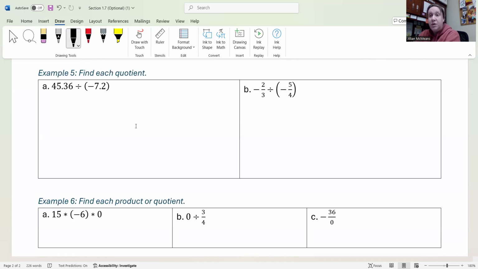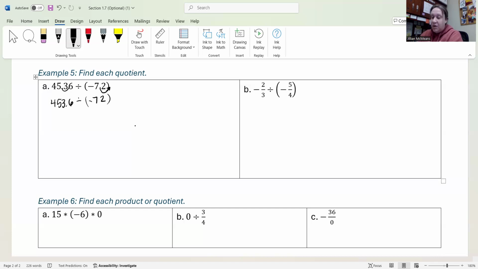We have this rule that we need the divisor to be a whole number. Well, 7.2 is not a whole number. So if I multiply 7.2 by 10, I can move that decimal to the right once, making this 72. But if I multiply the divisor by 10, I have to also multiply the dividend by 10. So if I multiply the dividend by 10, it gives me 453.6.